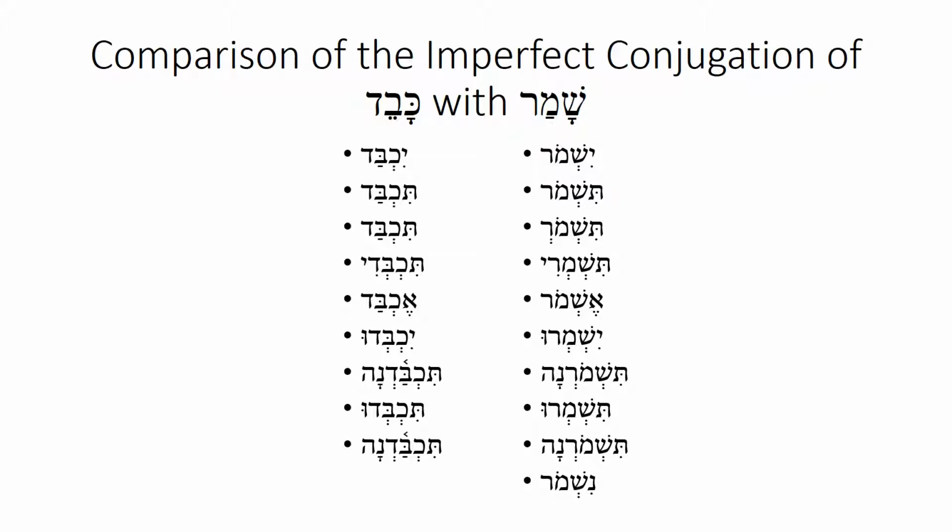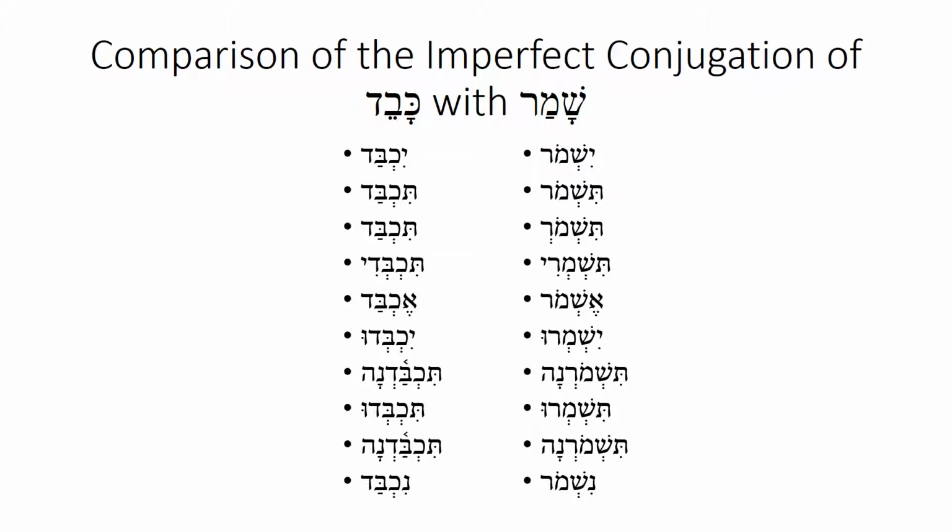And nishmor goes to nikbad. Now you have to be very careful with this first person common plural form of the E-class stative verb, because if you saw this form in the text, what might you think that is?